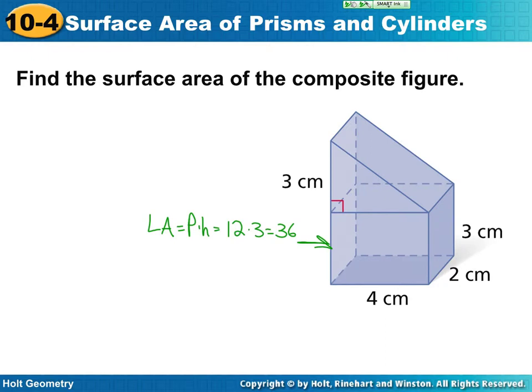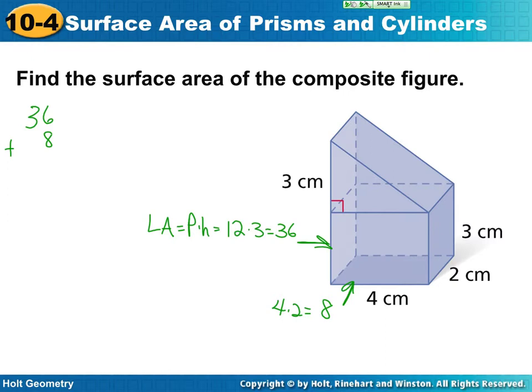Okay, and then we wanted the bottom base. So that would be 4 times 2 or 8 for that one. I'm gonna list over here, I need to add these things together in the end. Okay, now what did we want from the triangle part? Okay, you want the 2 triangles?